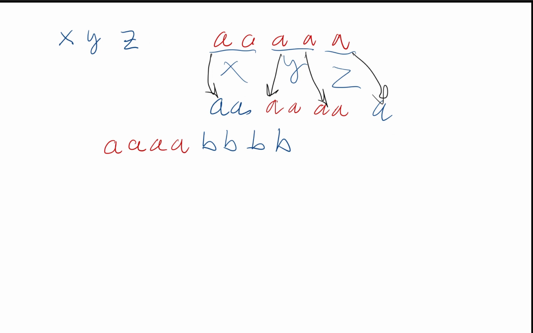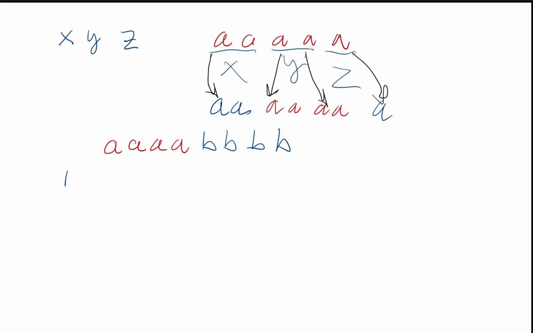There's lots of choices for Y. Y could be 1A, it could be multiple A's, it can be all the A's, it could be some combination of A's and B's. Y could be 1B, and Y can be the very last B, and then we can have this be the X and the Z. So basically, I'm just figuring out, okay, what can Y be? We really only have 3 choices for the Y.